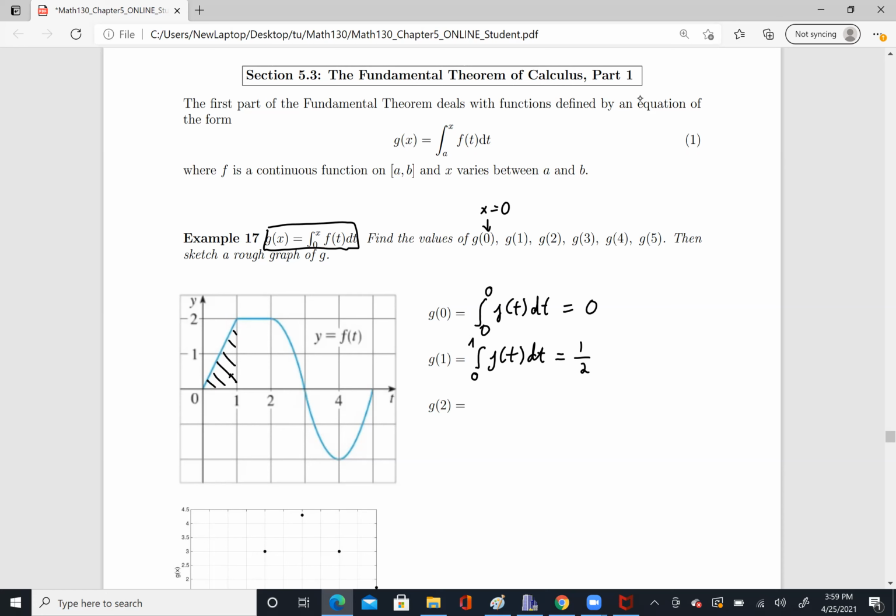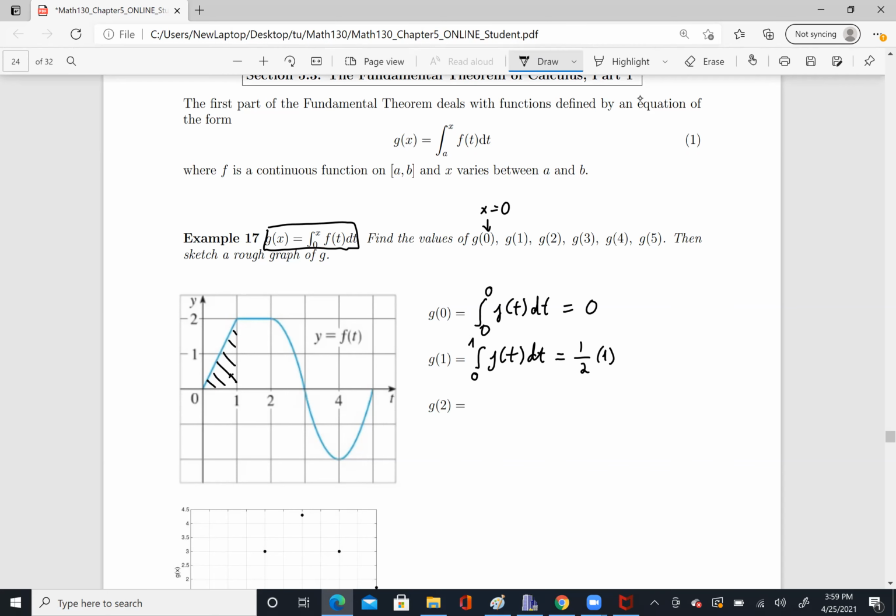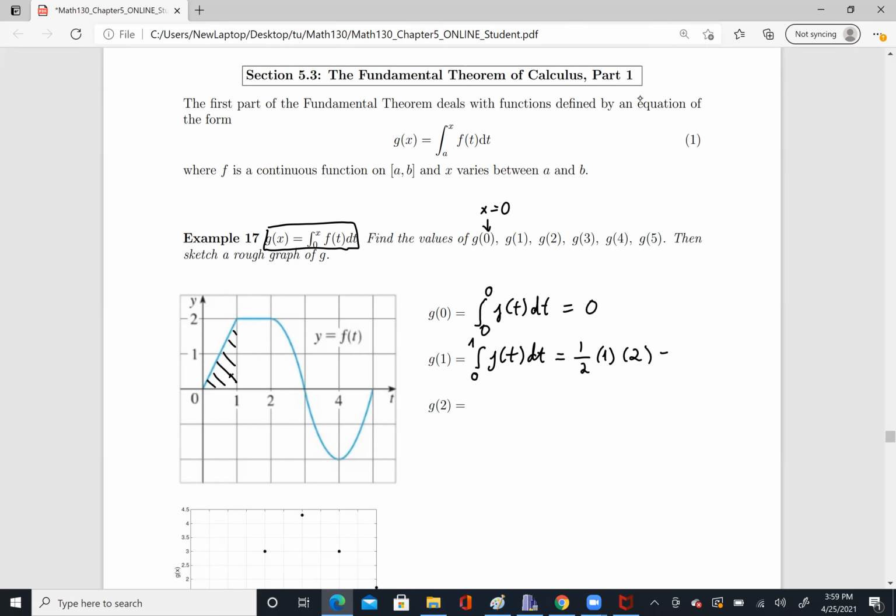Because this is the area of a triangle, it's 1/2 times base times height, so 1/2 times 1 times 2, which is equal to 1.